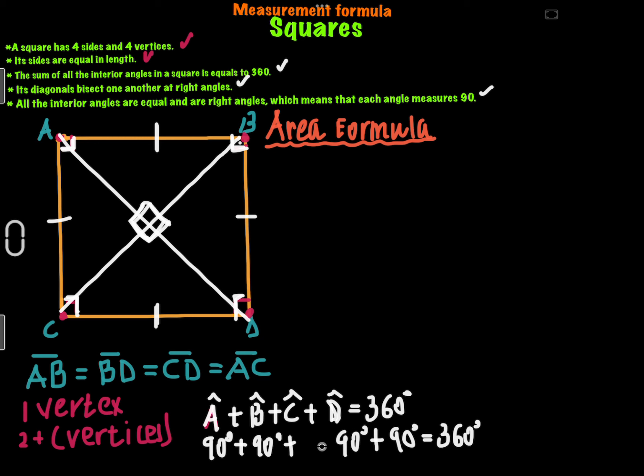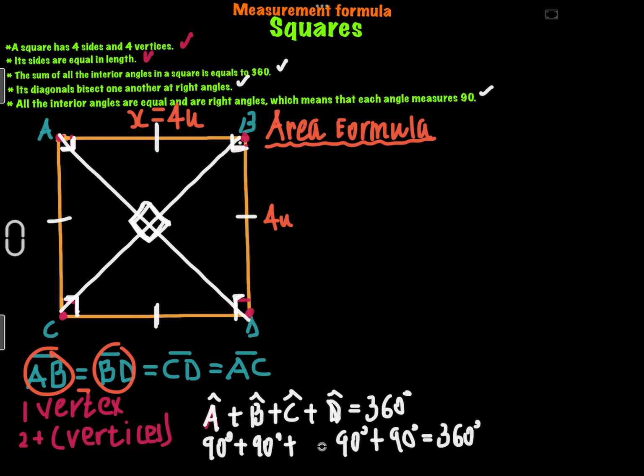In fact, suppose you are given one side as 4 units. If one side is 4 units, this side should also become 4 units, since side AB is equal to side BD.